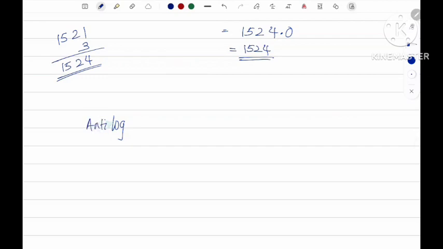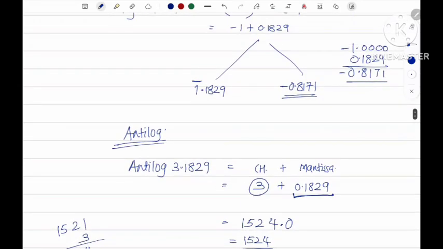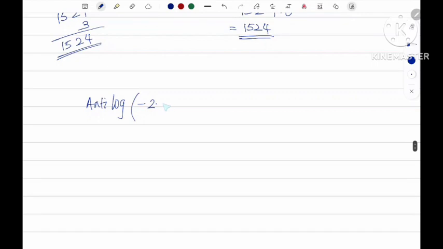Let us find the antilog of minus 2.1829. Okay, so this can be written as minus 2 minus 0.1829.